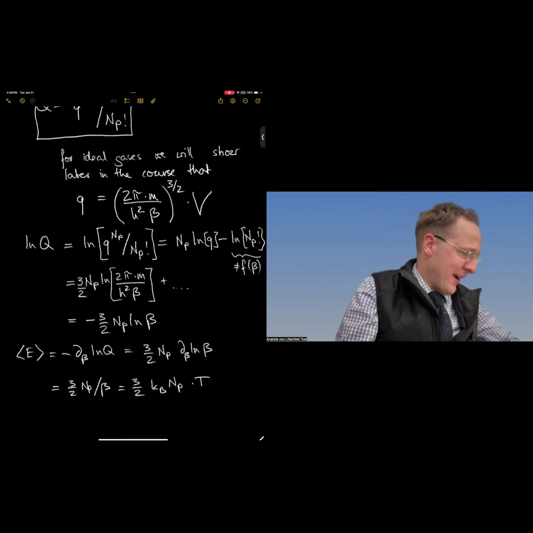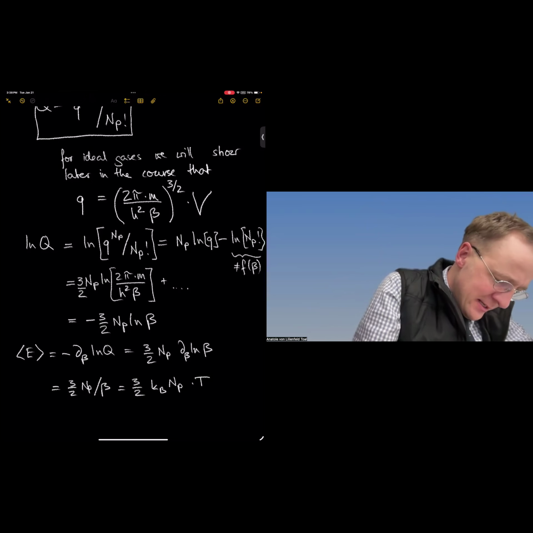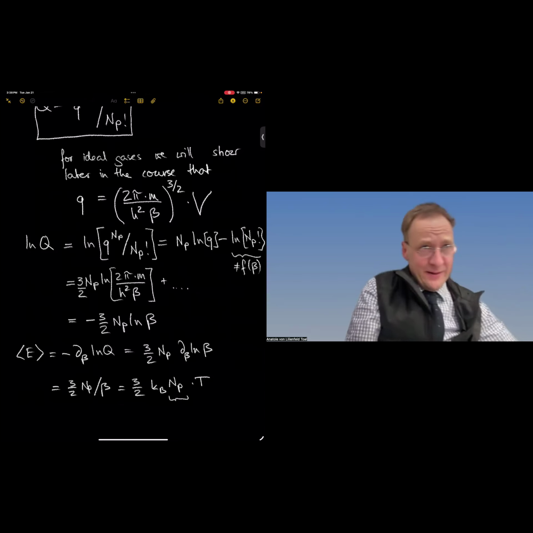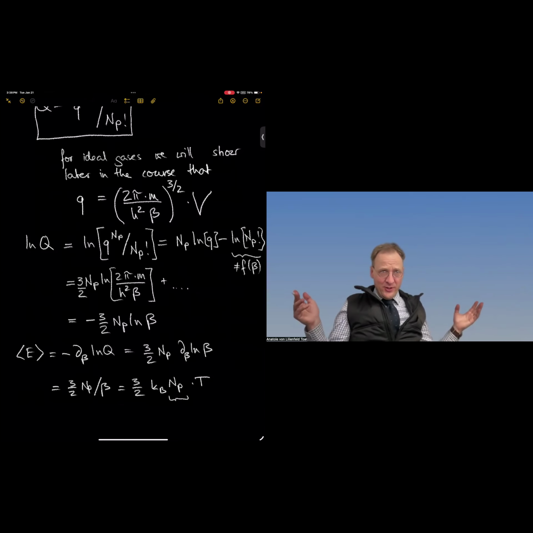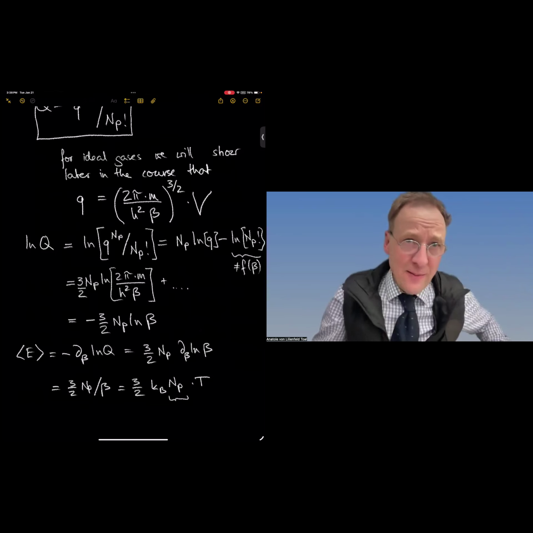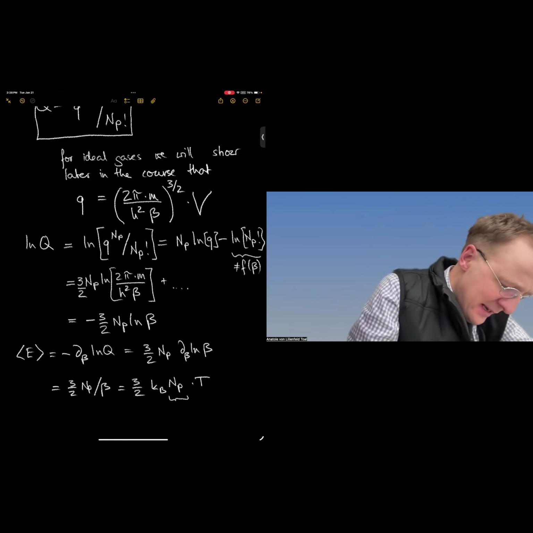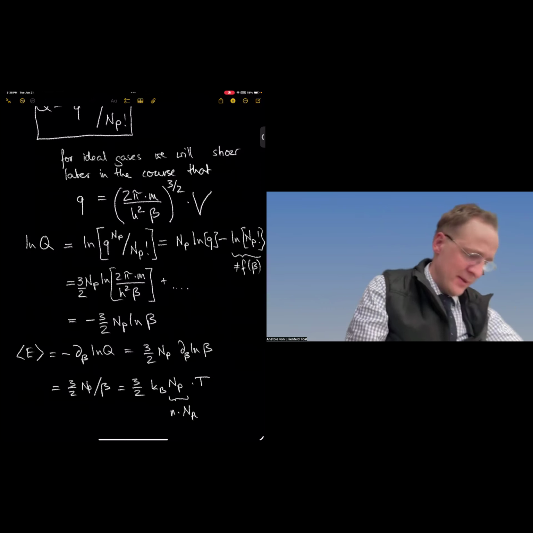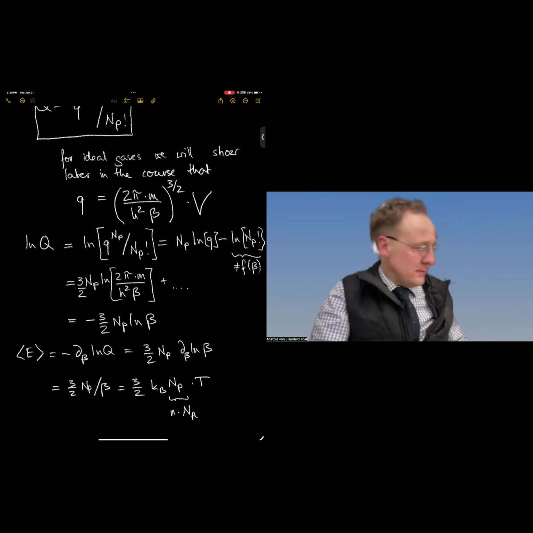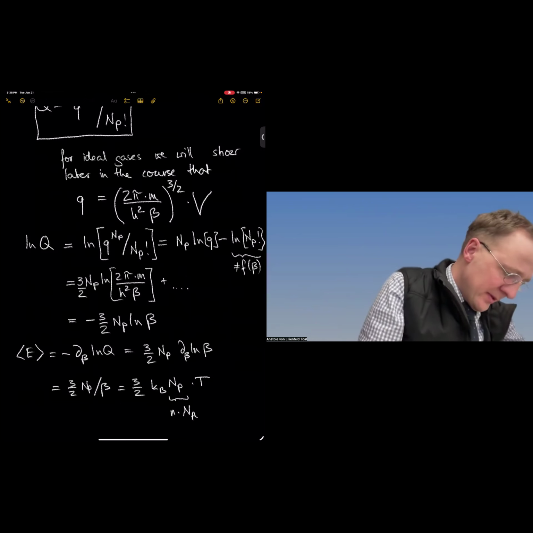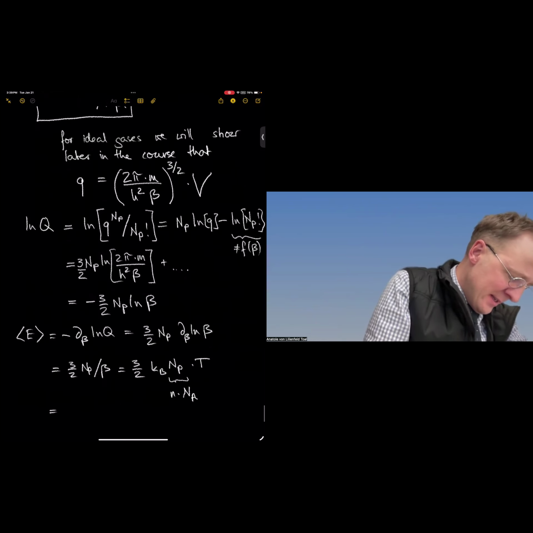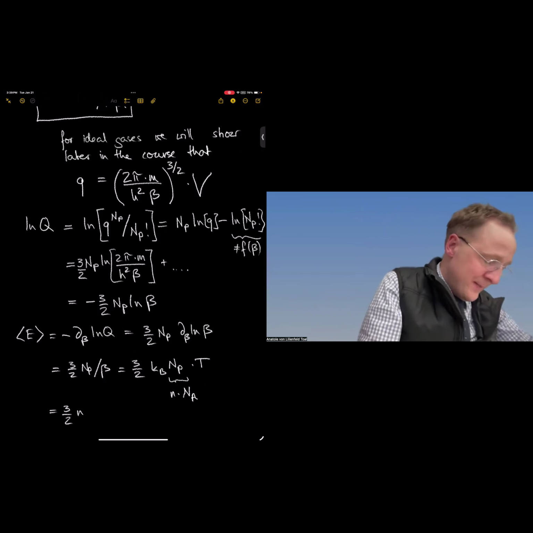Now, what about this prefactor? We can actually look at N_P, and this is the number of particles in our ensemble. It's gigantic, right? So we are talking Avogadro's number. So this will be n moles times N_A. So in other words, I have 3/2 n moles.